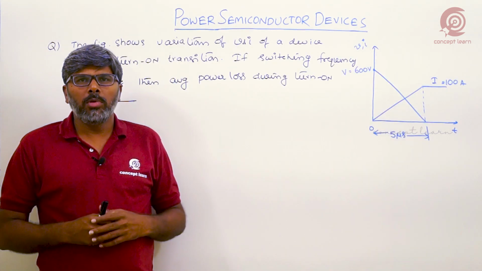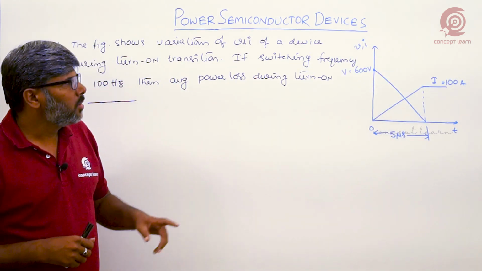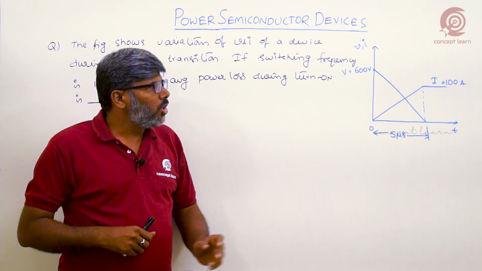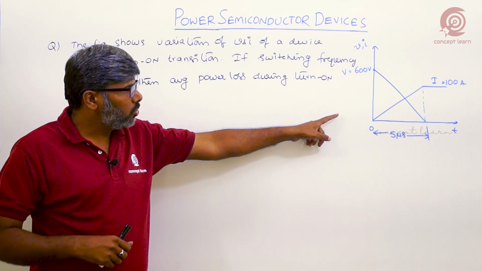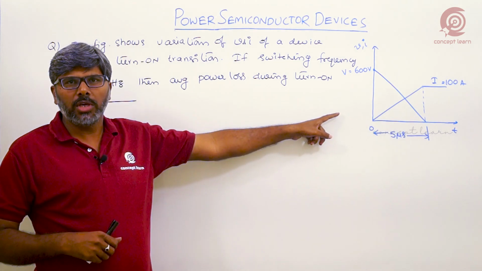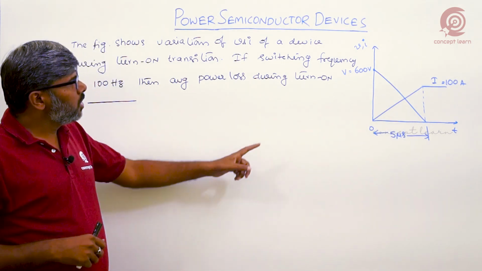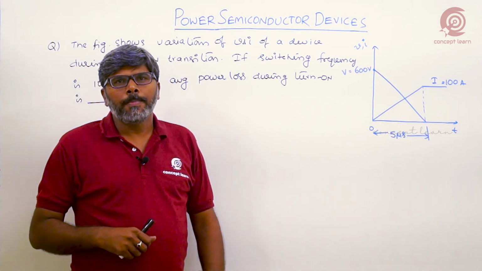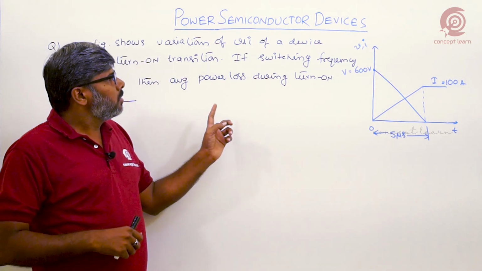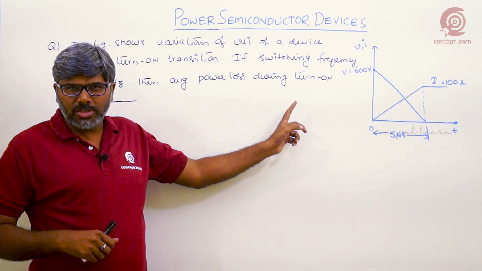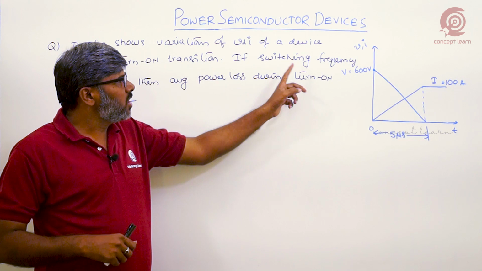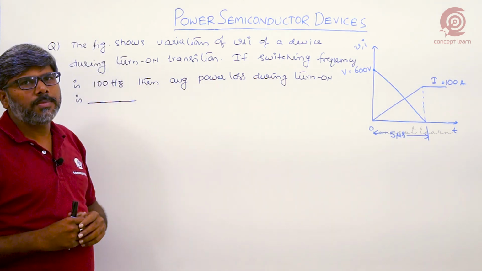So this is another problem based on the switching transients. The variations of voltage and current of a given device are given. This figure shows voltage and current variations of the given device during the turn on transition. Then find the average power loss during turn on transition if switching frequency is 100 Hz.